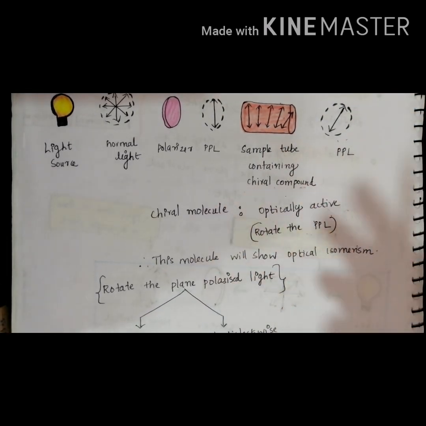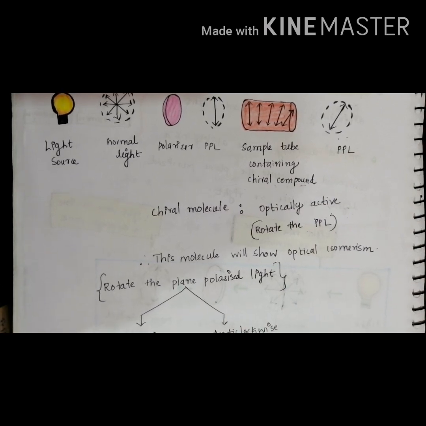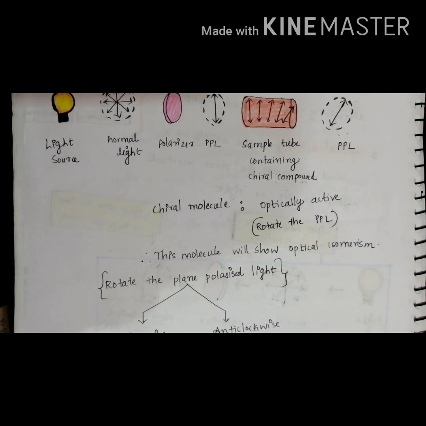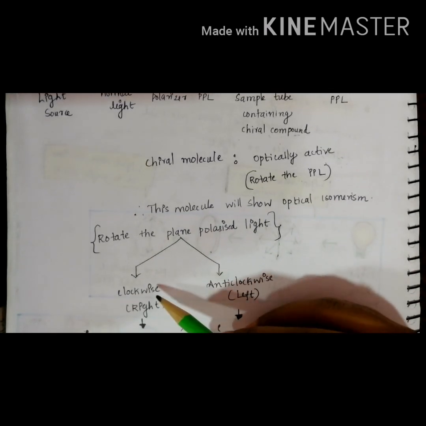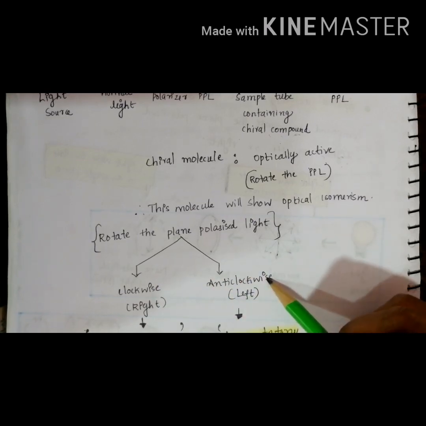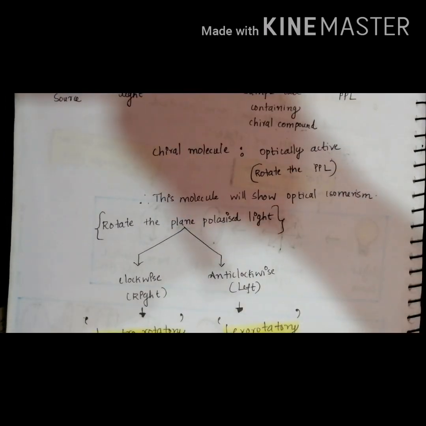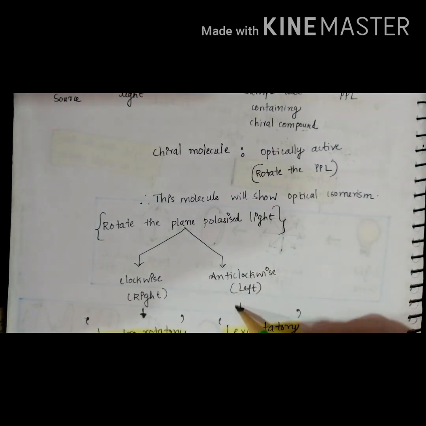On the basis of the direction of rotation, or the rotation angle, we can get two terms. The chiral compound rotates the PPL either in the right direction or in the left direction, either clockwise or anti-clockwise. These are the two possibilities for the rotation of PPL.